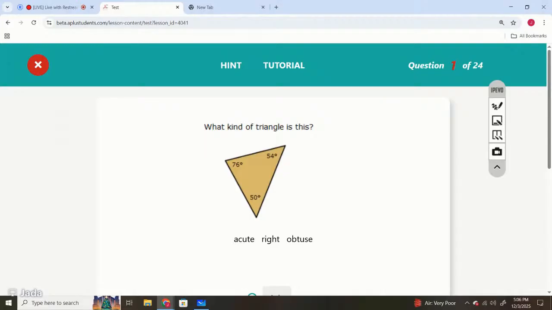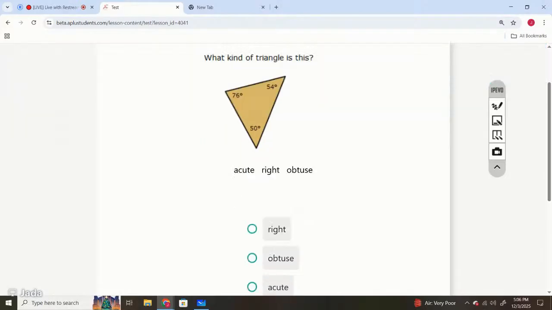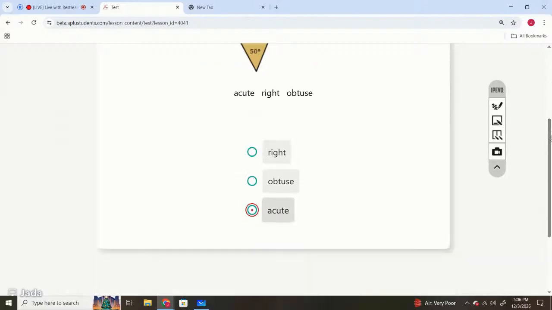What kind of triangle is this? All the angles are less than 90 degrees, so it is an acute triangle. The correct option is acute triangle.